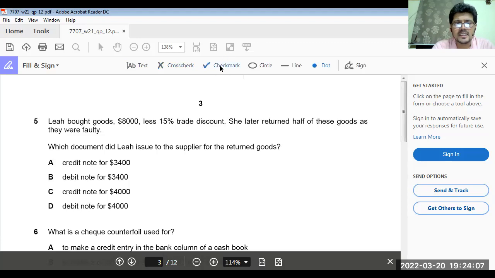So these could be the answer, C or B or D. But the thing is, half goods 4,000, multiply by 15% trade discount. It means 85% is the amount, 3,400. So B option should be the answer.